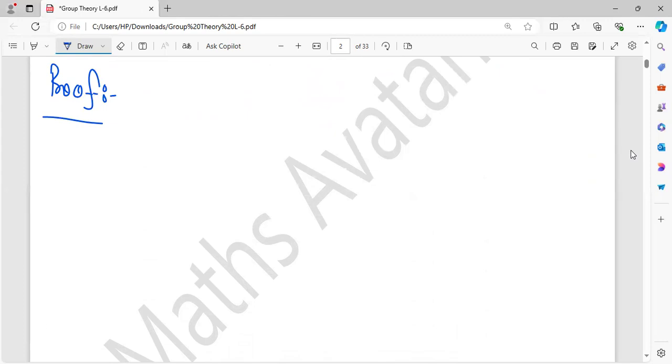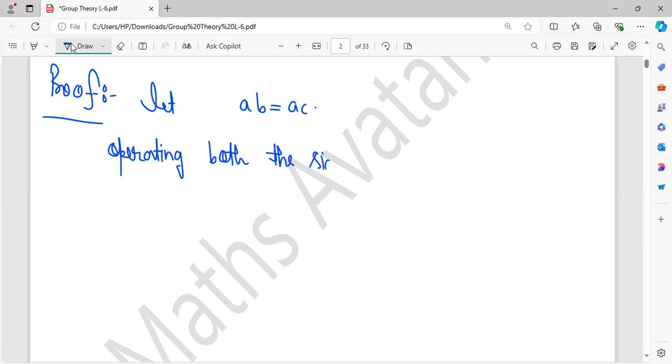Let ab is equal to ac. Now operating both the sides by a inverse from the left.